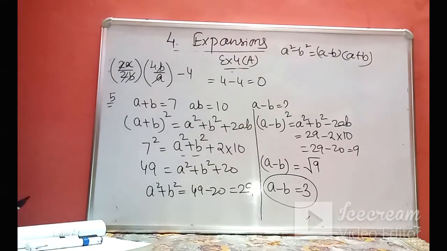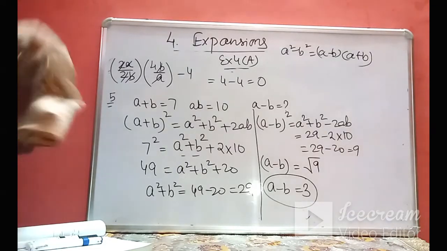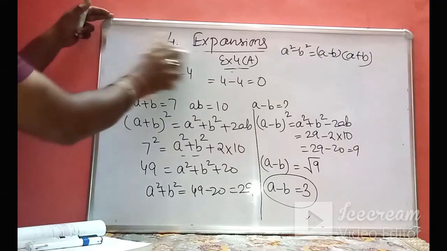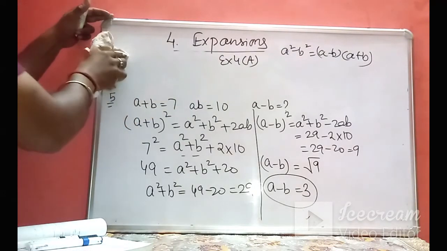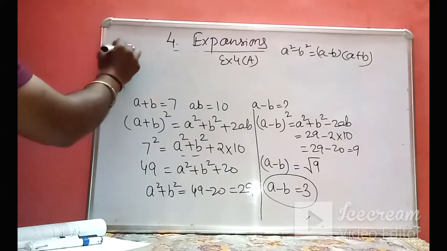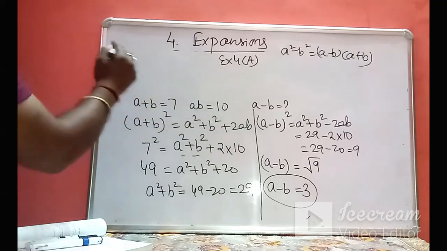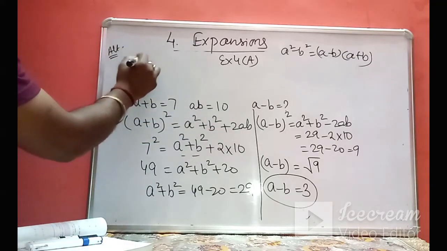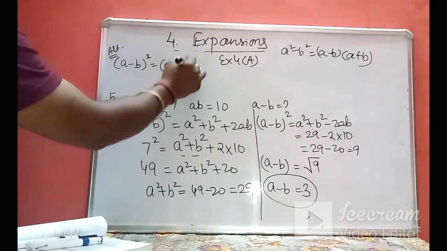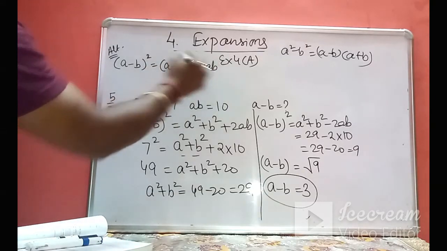Now in this question I have used the basic method to solve this problem. Or suppose you remember the identities, like I explained when I started this chapter. Then one alternate method I can write here for this question. See, I have written one identity: (a minus b) whole square is (a plus b) whole square minus 4ab.